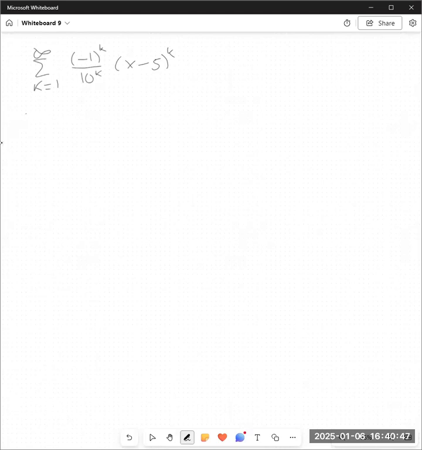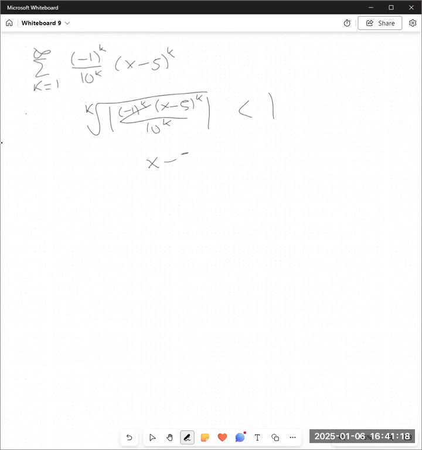Actually, let's go ahead and just use the root test here because everything is to the k power. So this is going to be the kth root of the absolute value of (-1)^k (x minus 5)^k over 10^k, less than 1. So forget about that part.